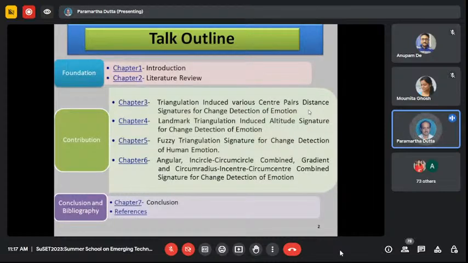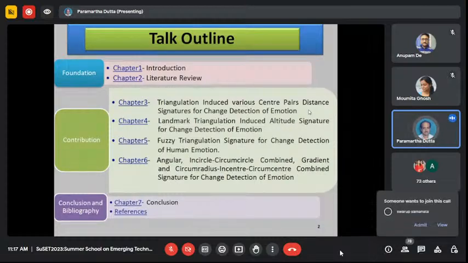As I have already mentioned, this is the work of a thesis, so naturally a major part of the presentation is oriented in a thesis-like structure.